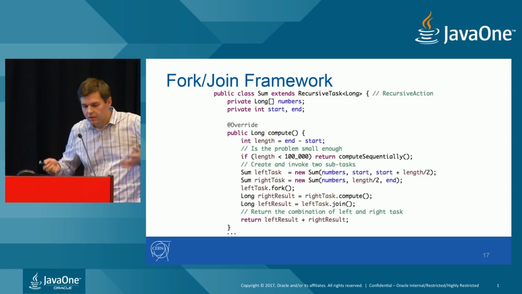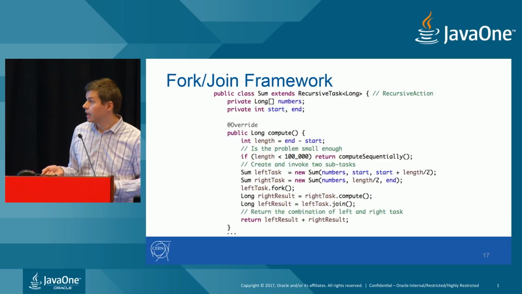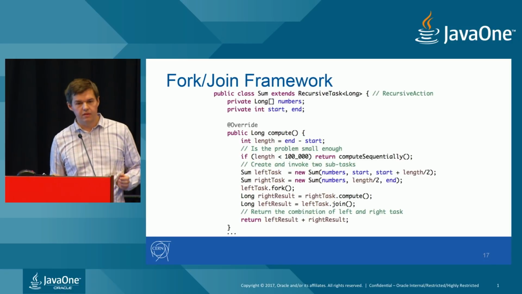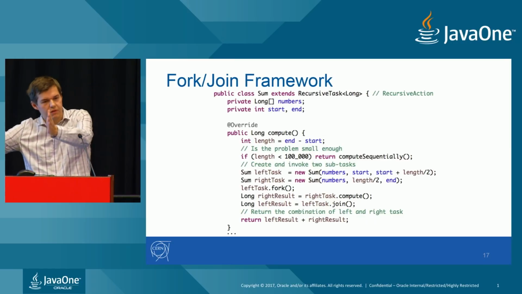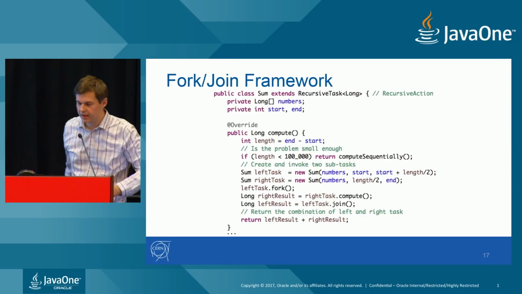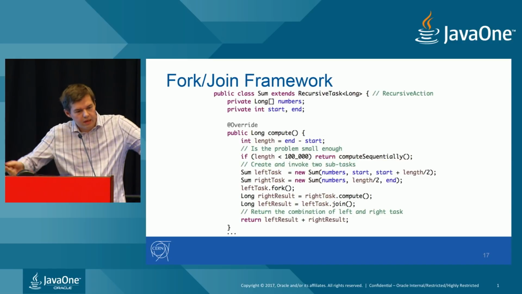However, if it's still big enough, so it's worth parallelizing, I just do it. So basically, we create two tasks. We pass the same numbers. However, the left task will have the left half of the array, the right task the right half of the array, and we simply execute them.